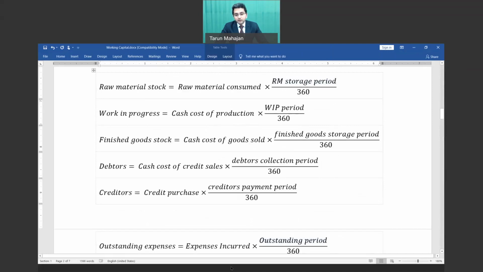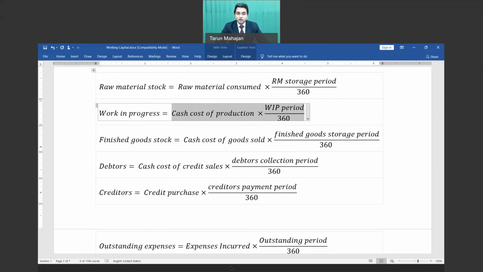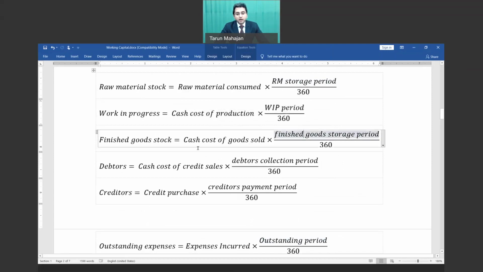WIP is cash cost of production divided by 360 into WIP period. The finished goods formula is cash cost of goods sold divided by 360, that is per day cost, multiplied by number of days. For debtors, I take cash cost of credit sales divided by 360 into debtors collection period.